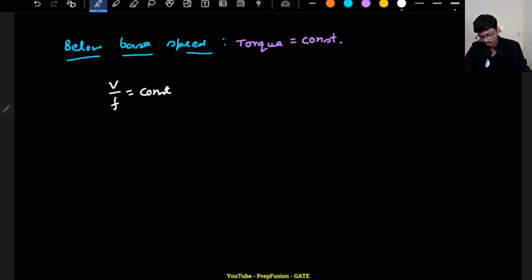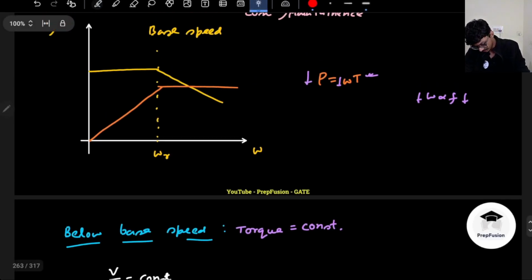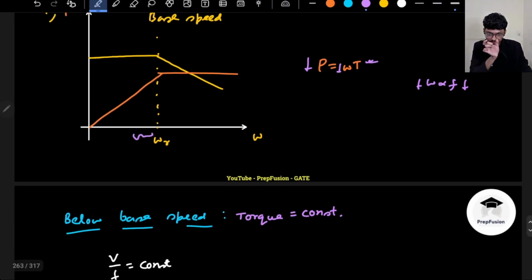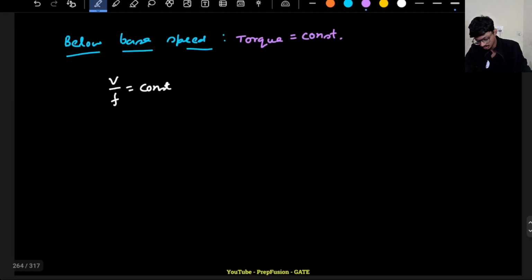So what is the torque below base speed? Let's take a case that I am very near to the low slip region, where my omega s and omega r are almost equal. So in the low slip region, what happens?